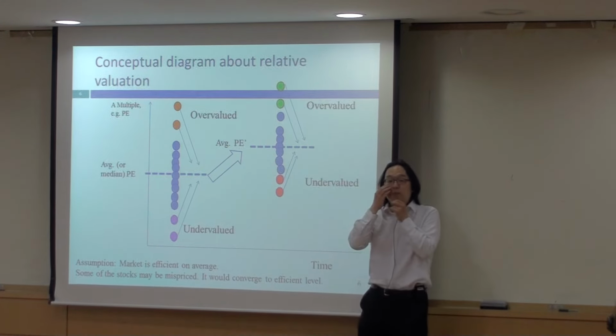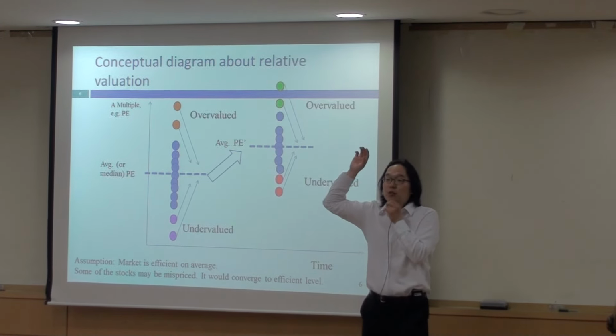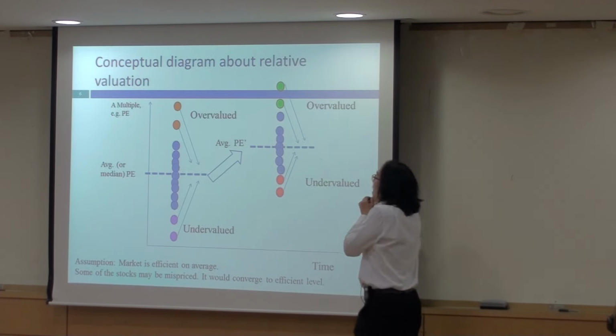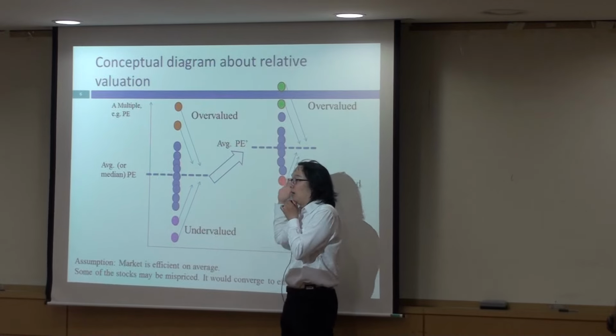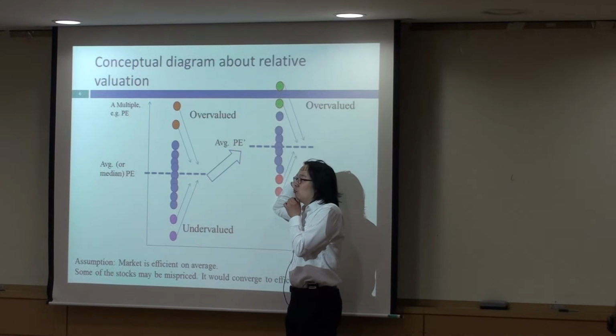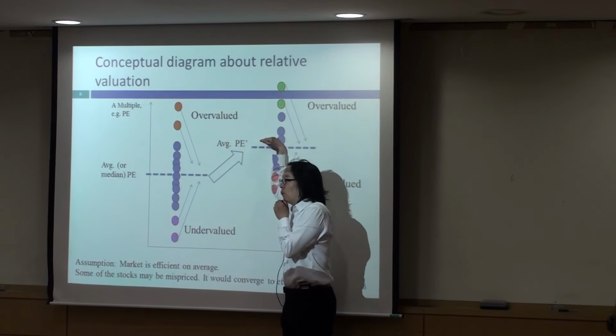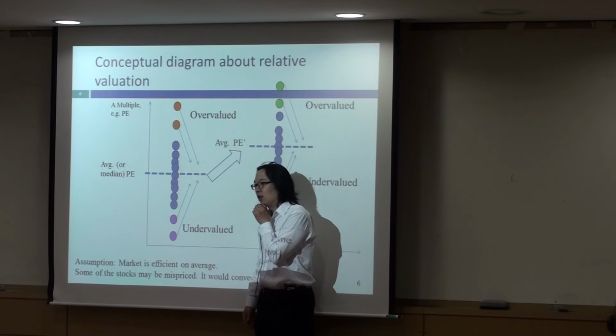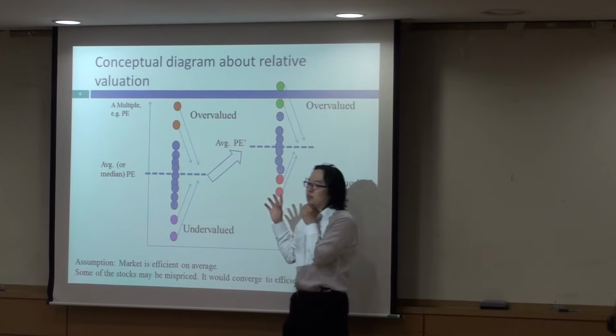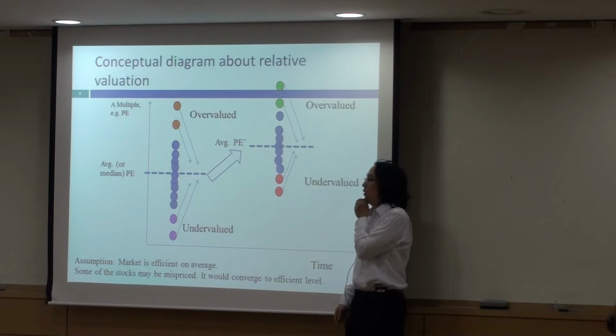This is what people call market neutral, because in every situation, whether the market is in boom or bust, we assume the market is efficient. We don't say the whole market is in a bubble when you use relative valuation.